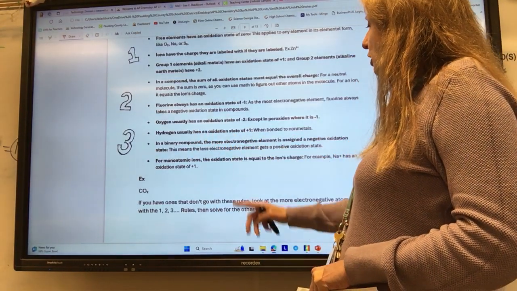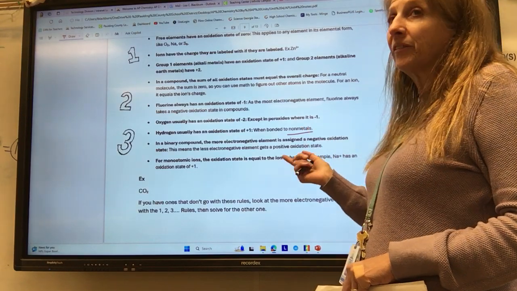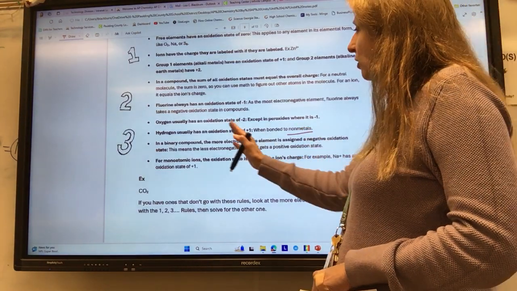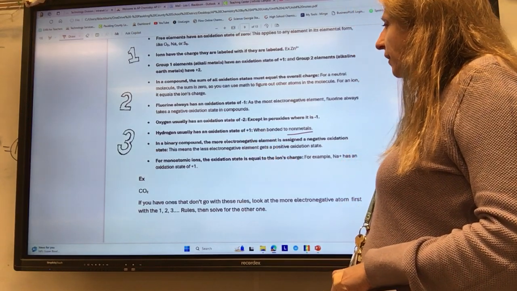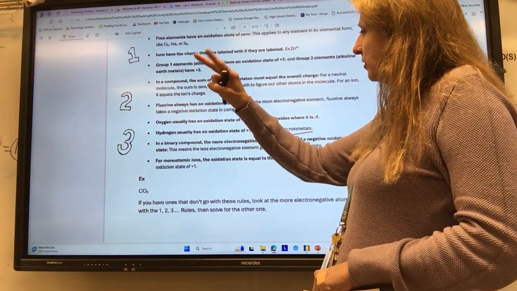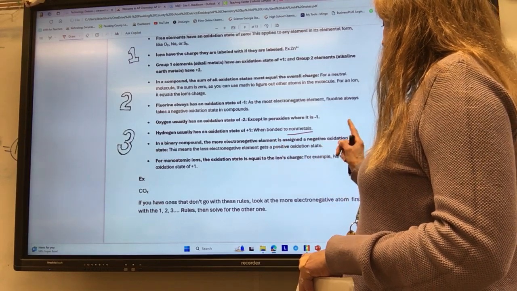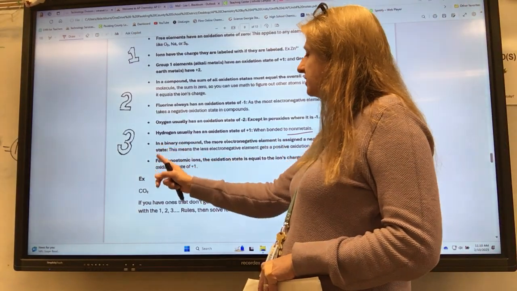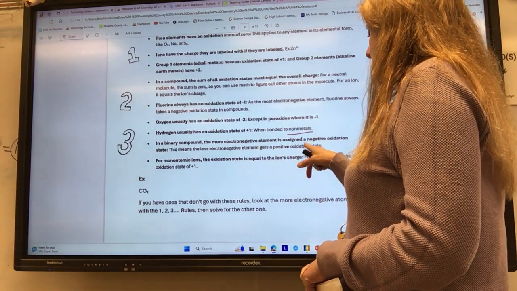Hydrogen is usually +1 when it's bonded to a non-metal. It's the opposite when it's bonded to a metal. But right now, hydrogen usually has an oxidation state of +1. In a binary, that means something made out of 2, the more electronegative element is assigned a negative oxidation state. This means the less electronegative element is positive.